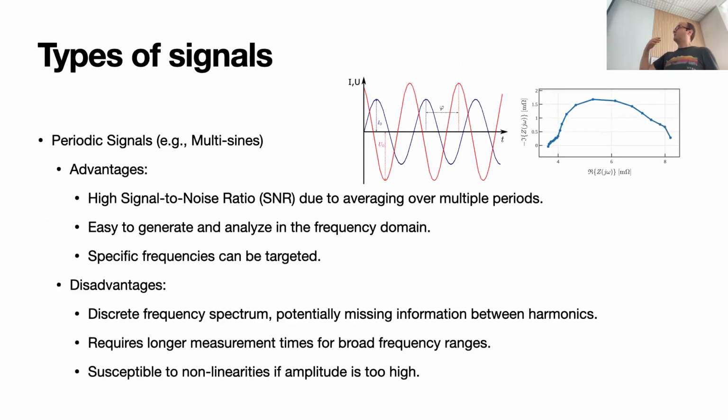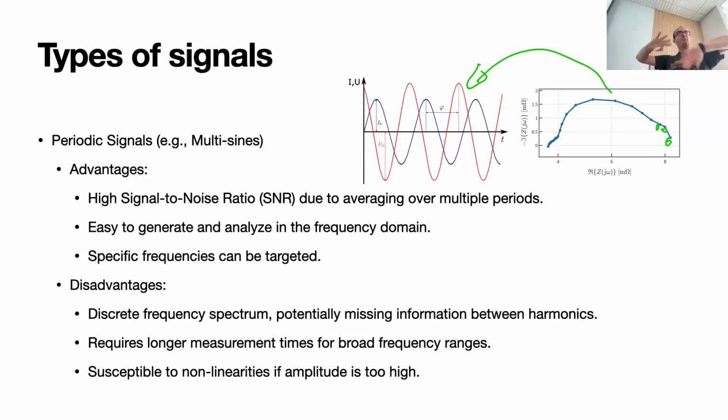So we said that we usually do it by putting in sine waves, and each of these points corresponds to a different combination of input and output signal of the sine wave. This is rather simple because the sine wave is deterministic.